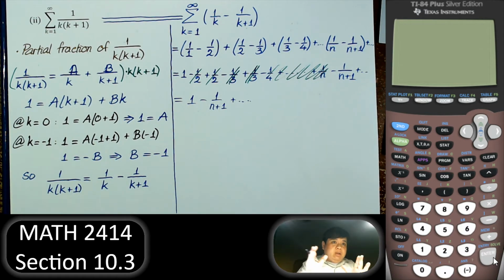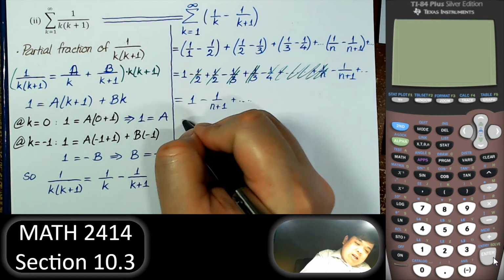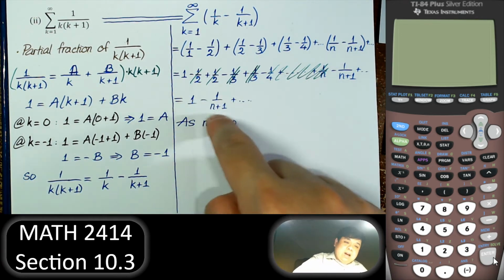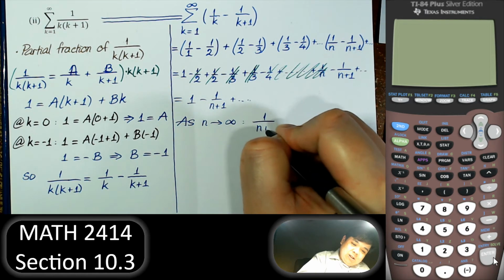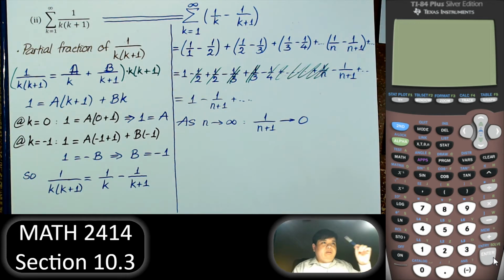And whenever we stop, we have 1 first, and then whatever at the last one. So now, we say, as n goes to infinity, that one goes to 0, right? Simply because we have finite on the top, infinity at the bottom. So that's why it goes to 0.